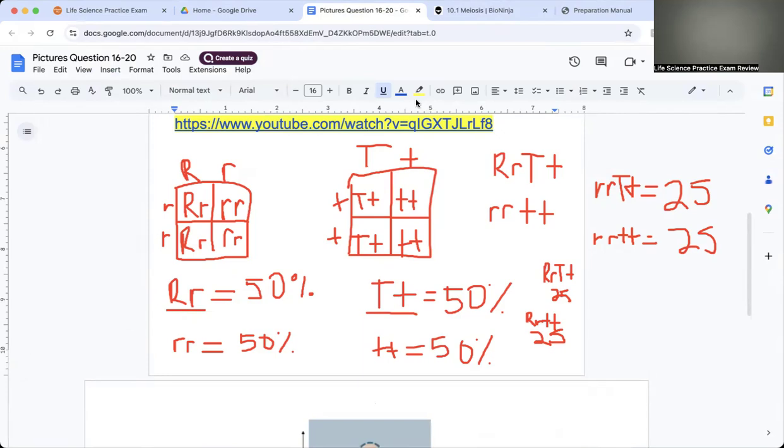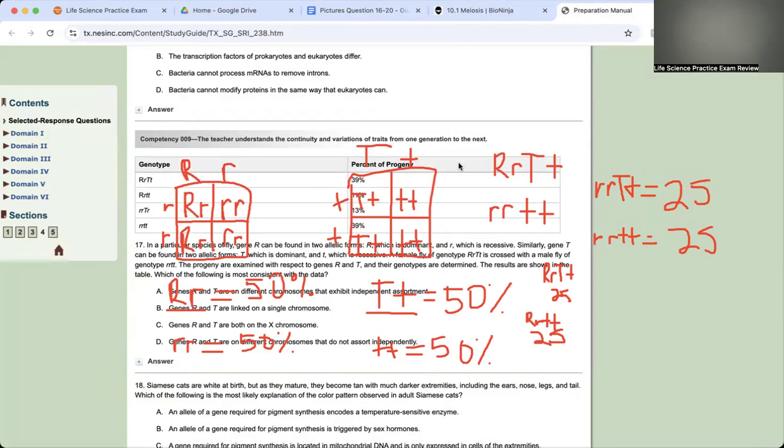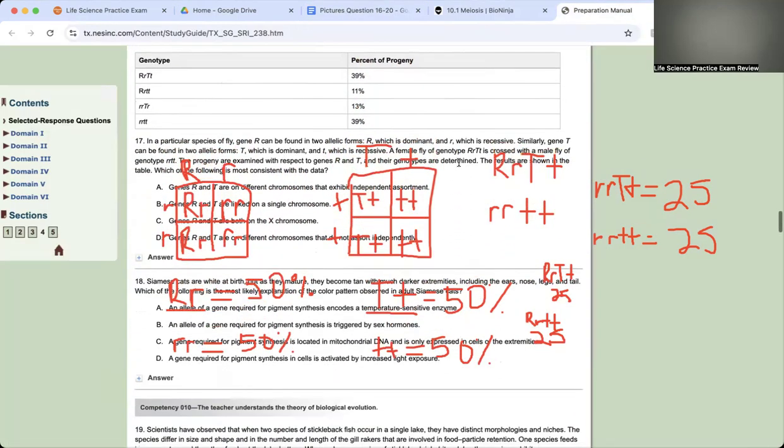So now let's go back to the question. I'm going to leave that annotation stuff up there. It's going to overlap our thing here, so I'll scroll down a little bit. The data we get from them says that heterozygous for R, heterozygous for T is 39%. As we can see here, that does not match our 25%.